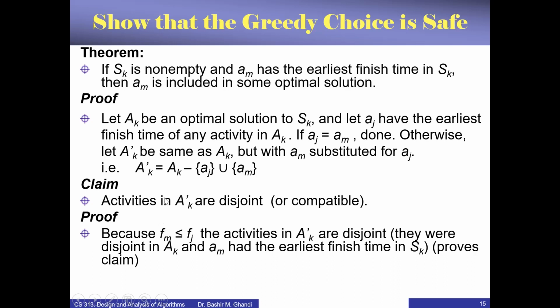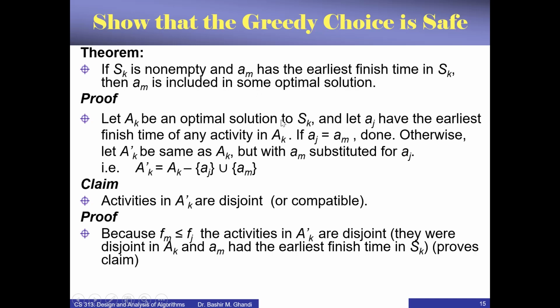AK we said was an optimal solution, and all we are putting now is AM. But AM has a finishing time earlier than or the same as FJ. Therefore, the elements in A prime K are definitely going to be compatible. And this proves our theorem: if we choose an activity AM that has the earliest finishing time, then it must belong to some optimal solution.